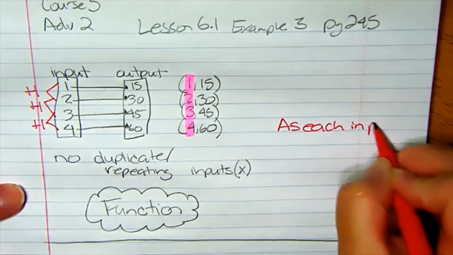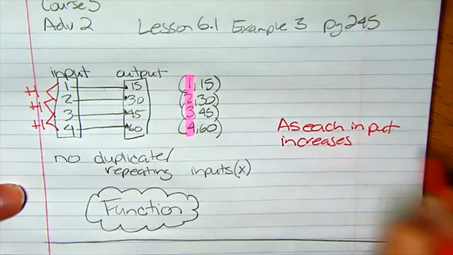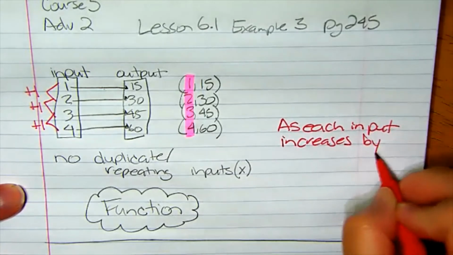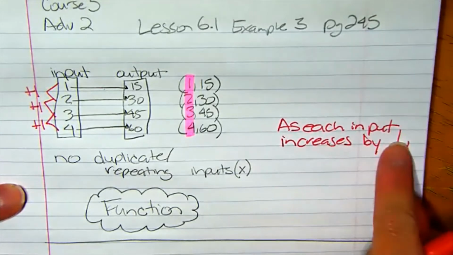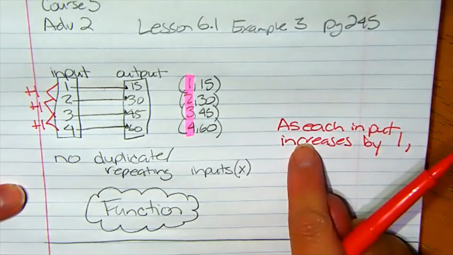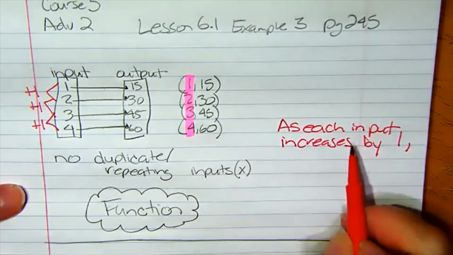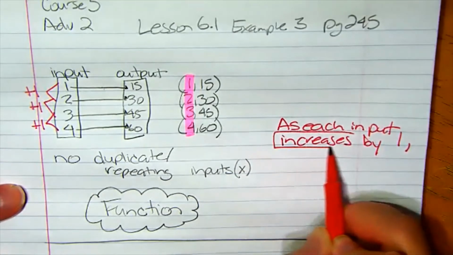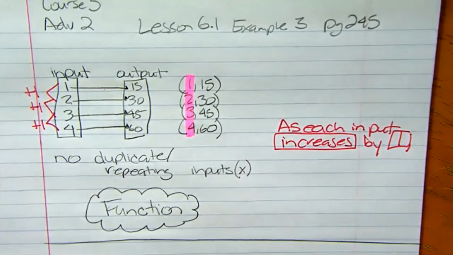As each input increases by 1, so it's either going to be increases or decreases, and by how many? These are your key words right here, increases or decreases, and by how many.